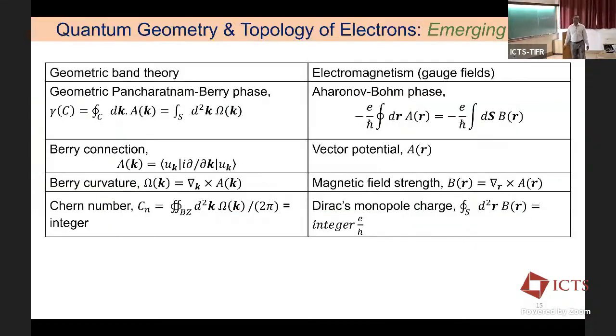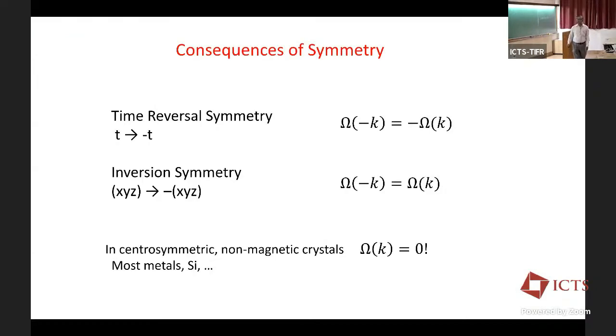So this is the intuitive picture I wanted to develop. And now I'll summarize that in the geometric band theory and the analogy with electromagnetism. The Berry phase is like an Aharonov-Bohm phase. Berry connection is like the vector potential of magnetic field, and Berry curvature is magnetic field strength, and Chern number corresponds to Dirac monopole charge, which also comes up when you study Weyl semimetals. Okay, so that's the idea.